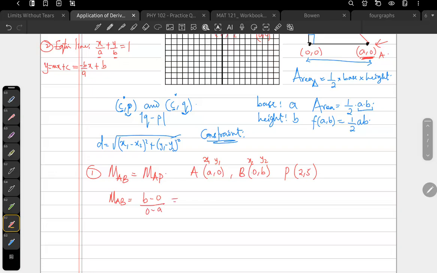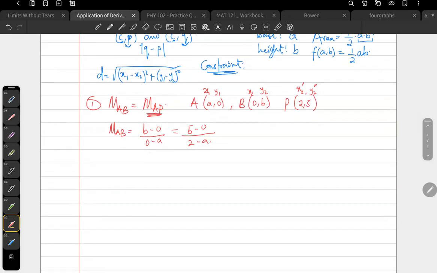is equal to, let us now use it for AP. So let's say this is our new x2, y2, and let me use prime there. So y2 minus y1, 5 minus 0, over x2 minus x1, 2 minus a. With this we can get an equation.